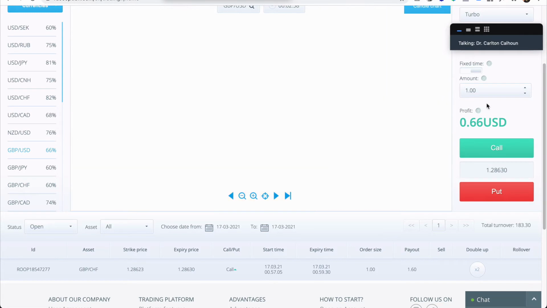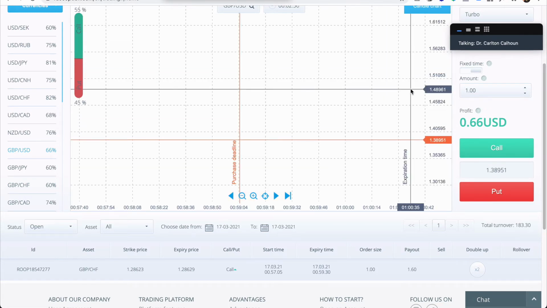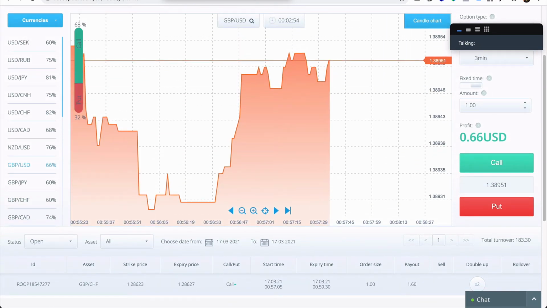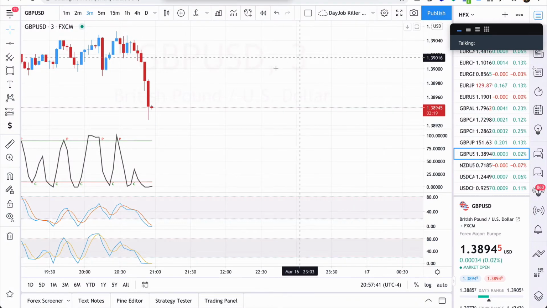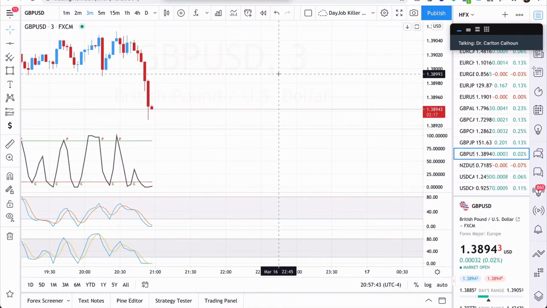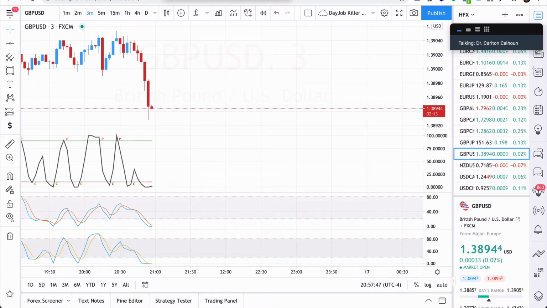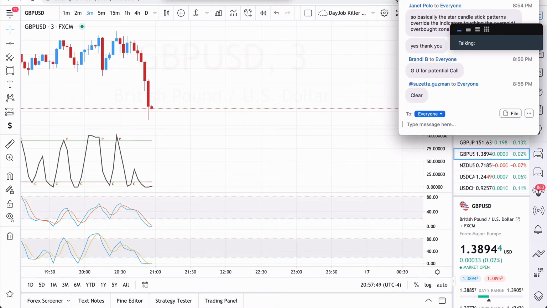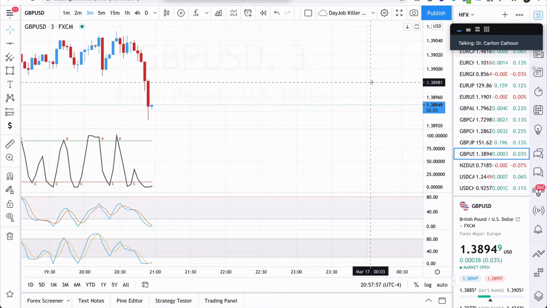I actually like that one better, so I'm setting up on GBP USD. In 2 minutes, if we get a push up, we should get a C on GBP USD. Clear my 1 minute, folks. I know you all clear. We should get a C on GBP USD real soon if we get that push up.